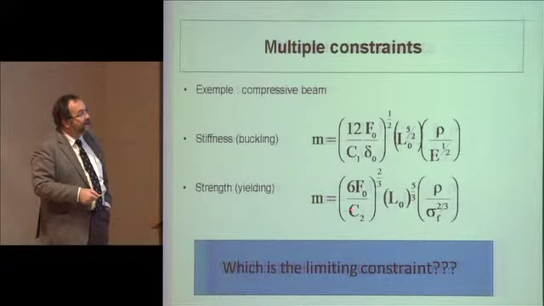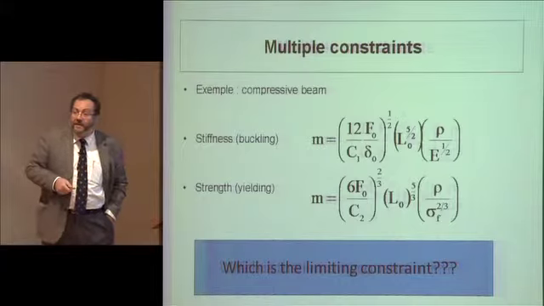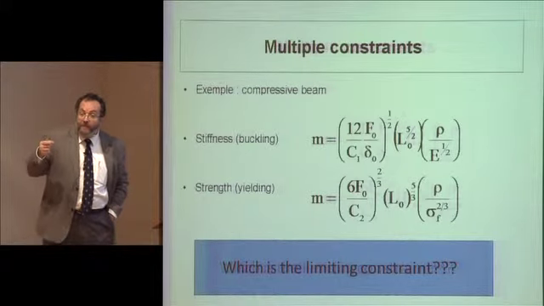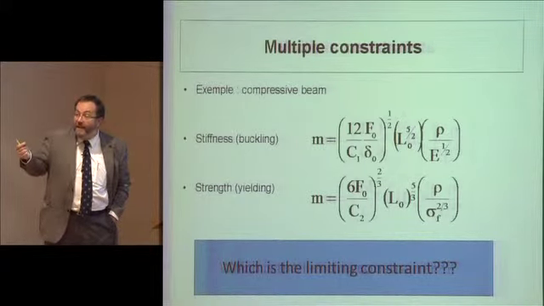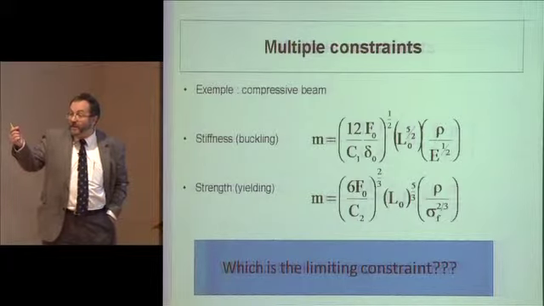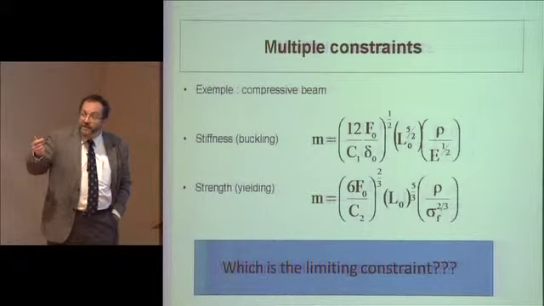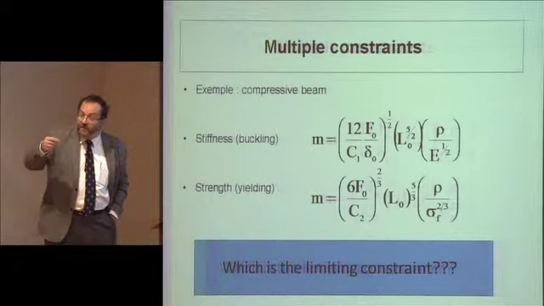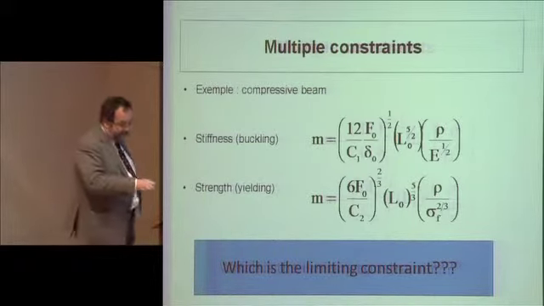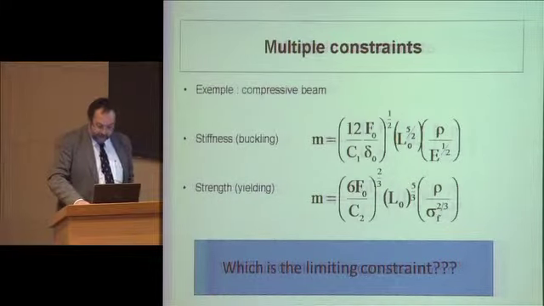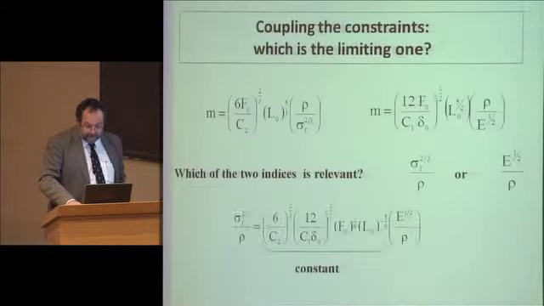So when you equalize that, it's going to give you an area in the material space within which you're going to have an equal limitation between stiffness and strength. If you're in one part of the space, you're going to be limited by stiffness, or in the other part of the space, limited by strength.